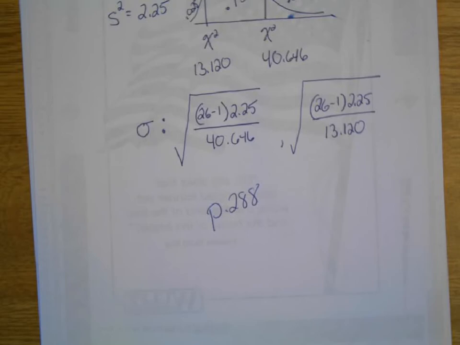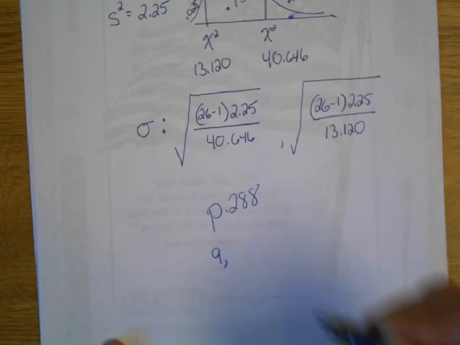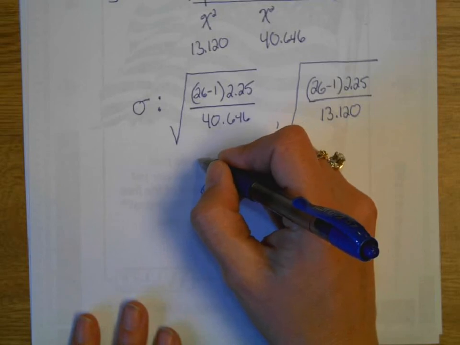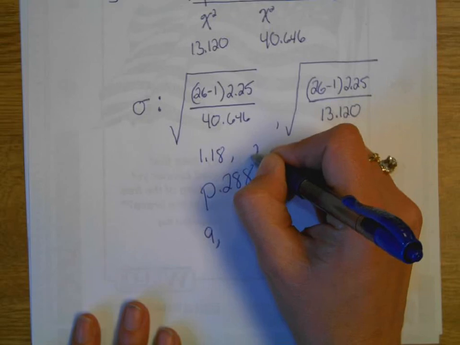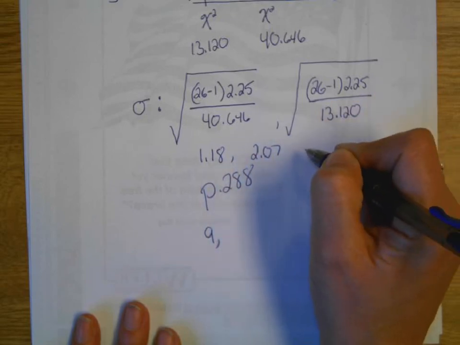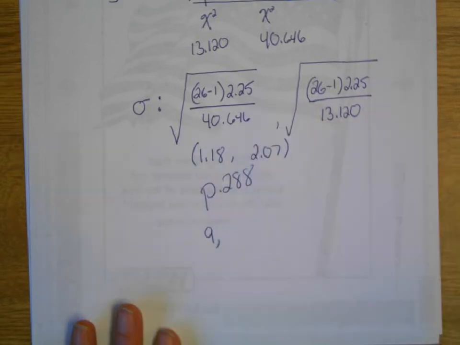Let's go with number 9. I got 1.18 and 2.07. Are we in agreement? Matt did that. Anybody else take the time to do it? Okay, I heard some yeses. So we'll go with 9.